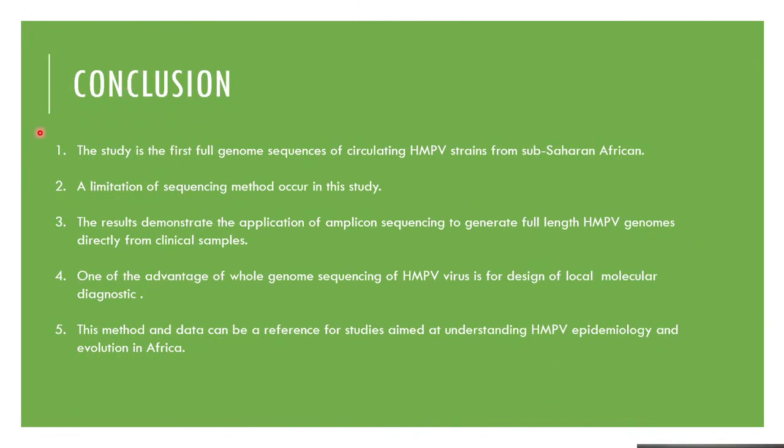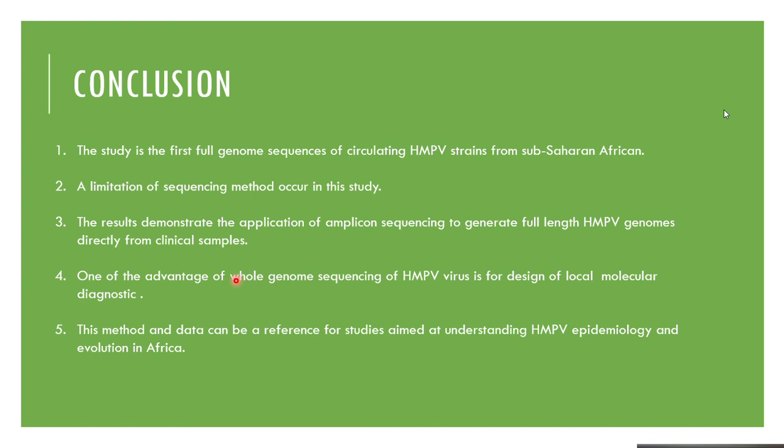The last is the conclusion. In this study, we obtained the first whole genome sequences of circulating HMPV strains from sub-Saharan Africa. There are limitations of the sequencing method in this study. The results demonstrate the application of amplicon sequencing to generate full-length HMPV genomes directly from clinical samples.